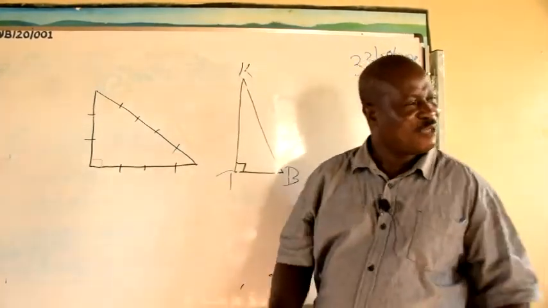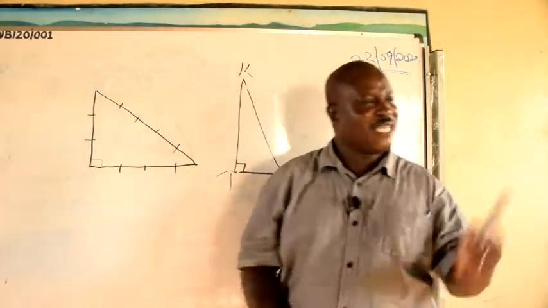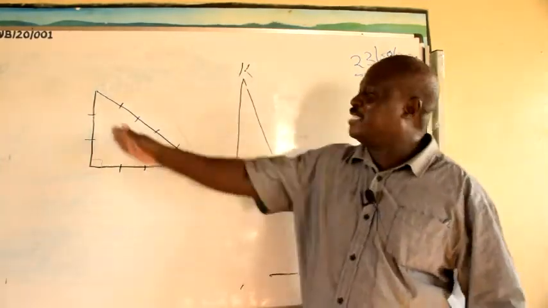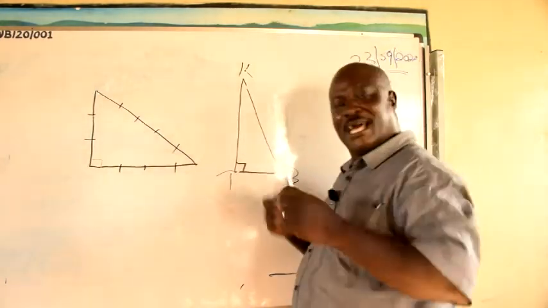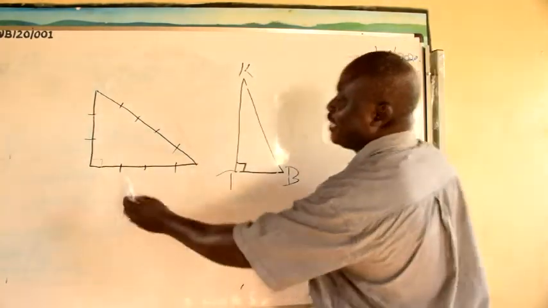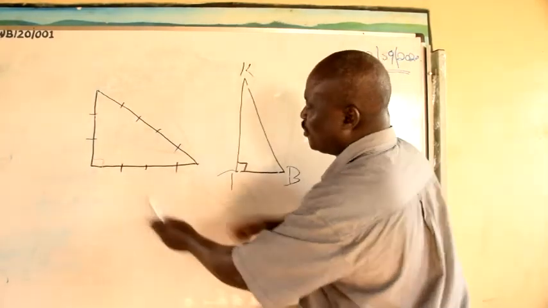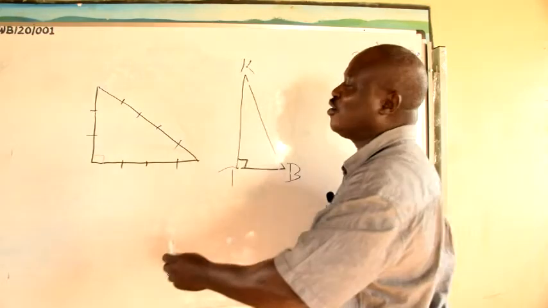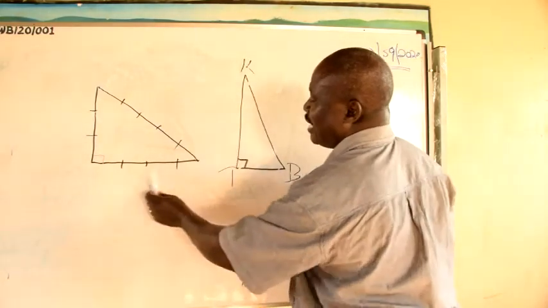Pythagoras was a scientist, so he was playing with triangles. Then he realized that there is a way these things are related. Now, what he did again is that he tried to form small squares from all the sides. For example, these ones are 4.